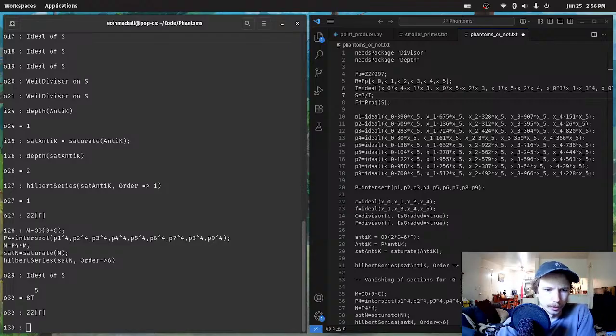So let's do a little quick look, see whether it is or not. Kind of the big function call that we made that I could imagine having a potential problem is the OO call, transferring from a divisor to a module.